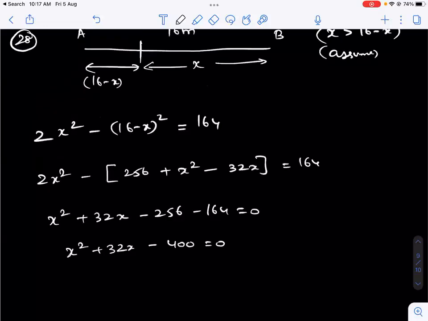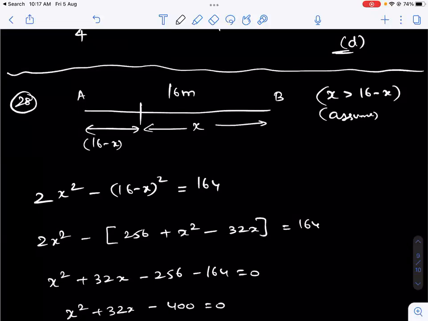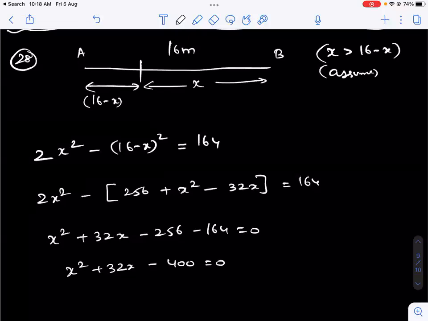Let me read the question. A rope of 16 meter divided into two parts such that twice the square of the greater part, that is 2 times x square, exceeds the square of the smaller part, (16 minus x) the whole square, by 164. Okay. 2x square minus 256.